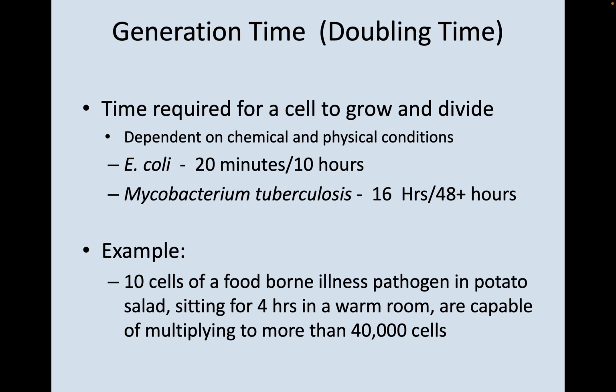Mycobacterium tuberculosis can double every 16 hours under ideal conditions, or it can take 48 hours or more if the conditions are not quite right. For example, let's say 10 cells of foodborne illness pathogen in potato salad are sitting for 4 hours in a warm room. They're capable of multiplying to more than 40,000 cells.